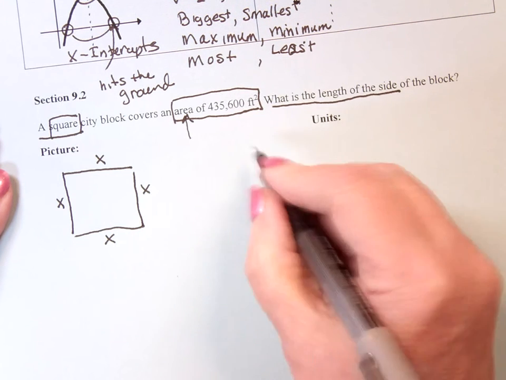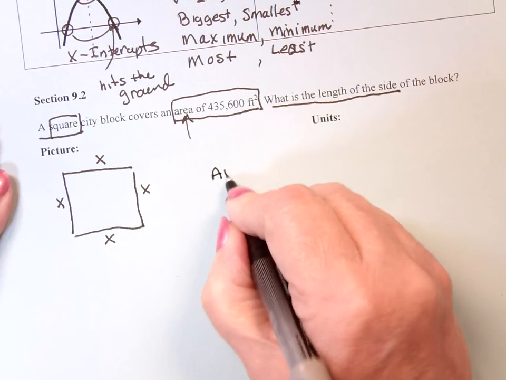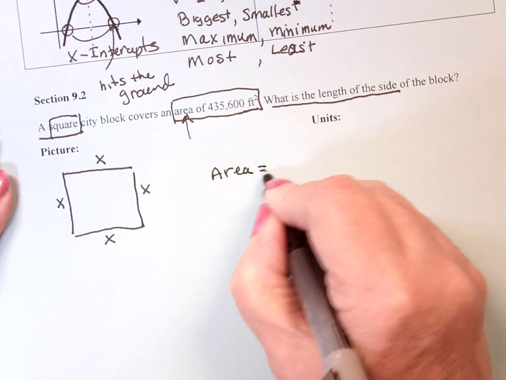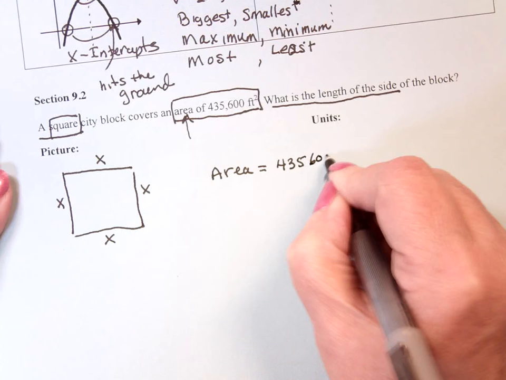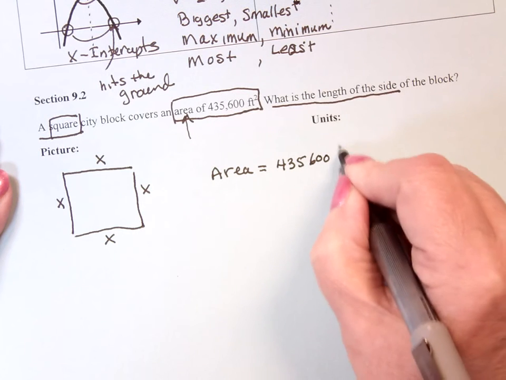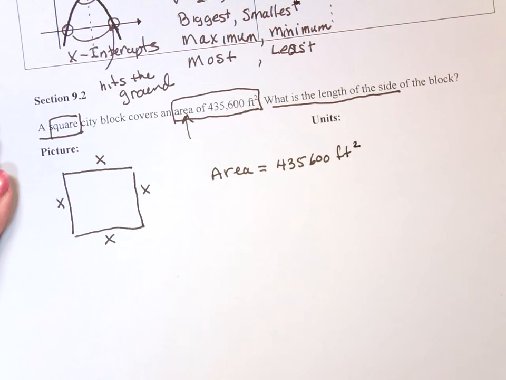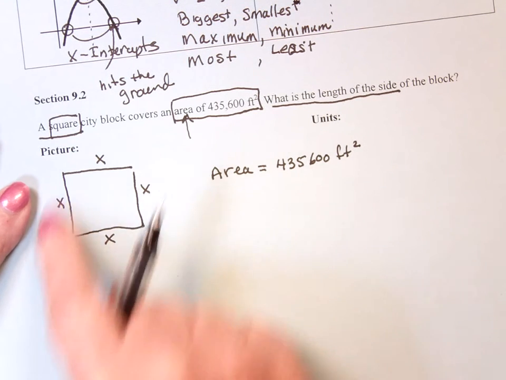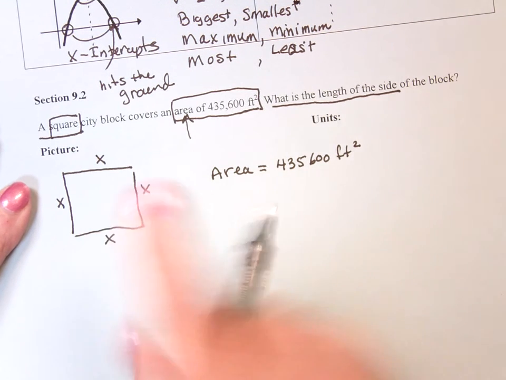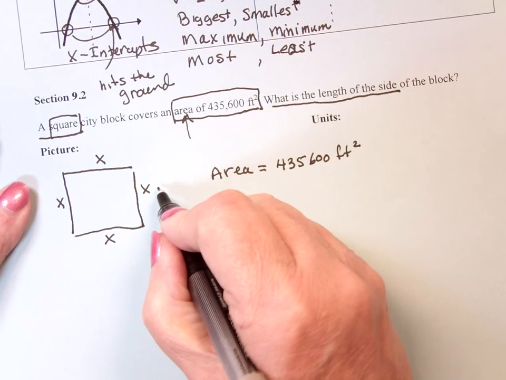And I know that the area is 435,600 feet squared. So that now says if I'm dealing with feet squared, that if I'm looking at the units on X, X is in what units? Feet.